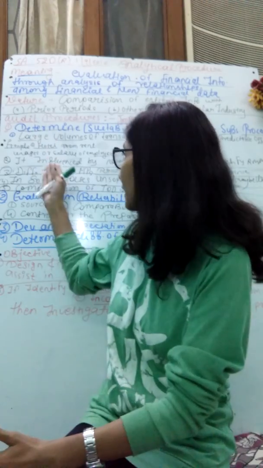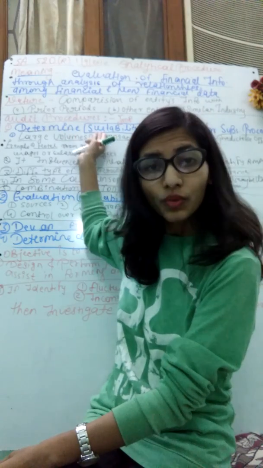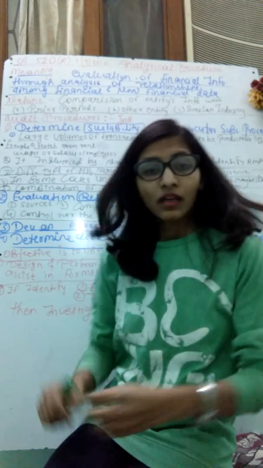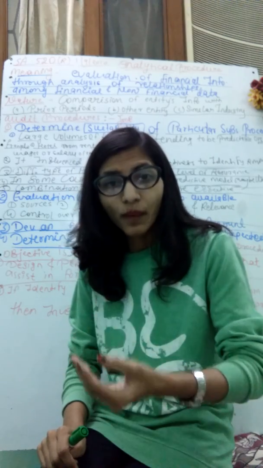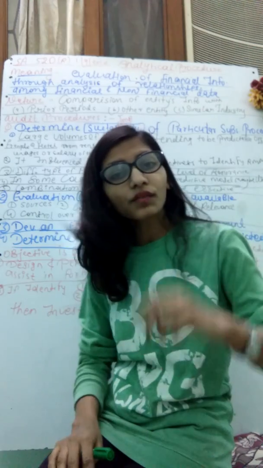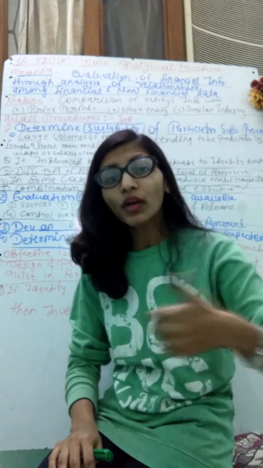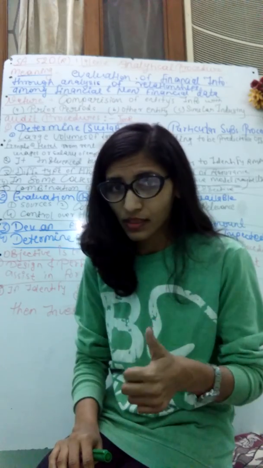Okay, then how we determine the suitability of this procedure is influenced by the nature of the assertion, what account balance we want to cross check here, and the effectiveness of this procedure for identifying and assessing the risk of material misstatement.